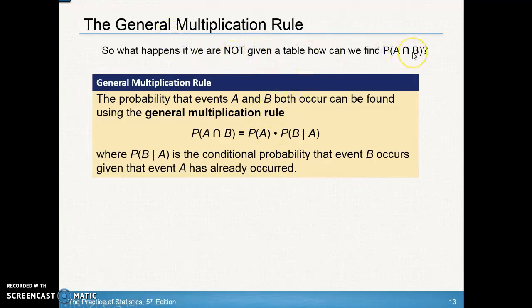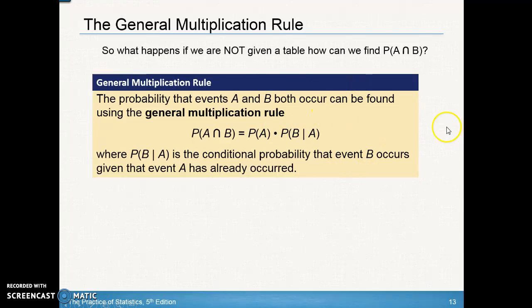All right, so what happens if we're not given a table? How can we find the probability of A and B occurring? The probability that events A and B both occur can be found using the general multiplication rule. So the probability of A and B is the probability of A times, you're used to seeing the probability of B, so just the two of those together. Remember, that's only if they're independent events.